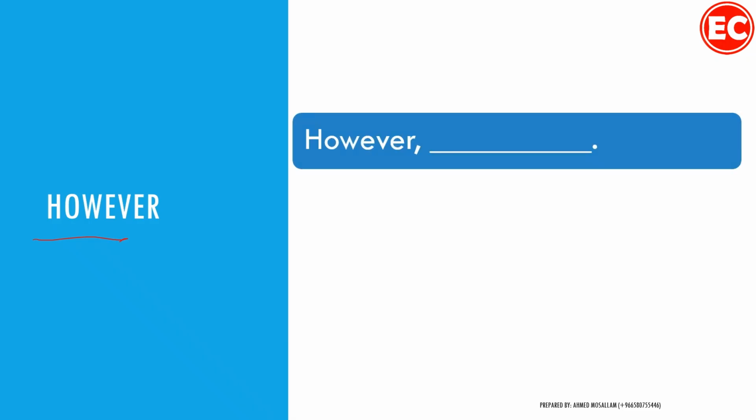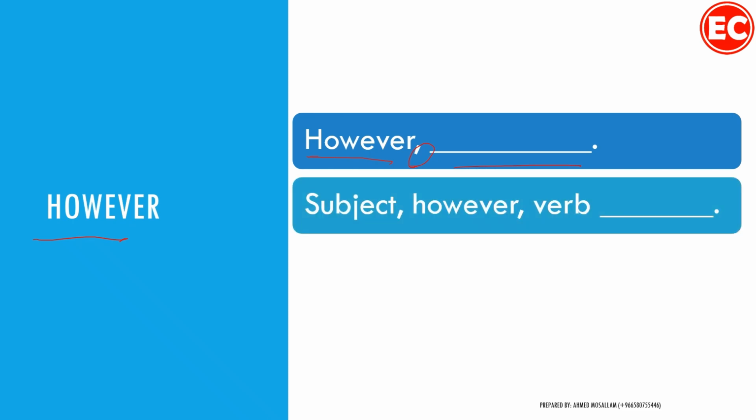The example I'm going to give now for however, you can apply to the other transitional words as well. Where shall we place however? We have three scenarios. We either have however at the beginning of the sentence, with a comma after it, and then the complete sentence. Or we may have it between the subject and verb. In that case, we will have a comma before and a comma after.